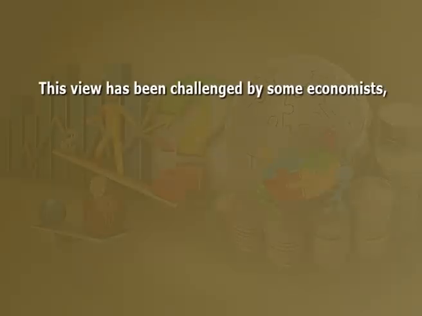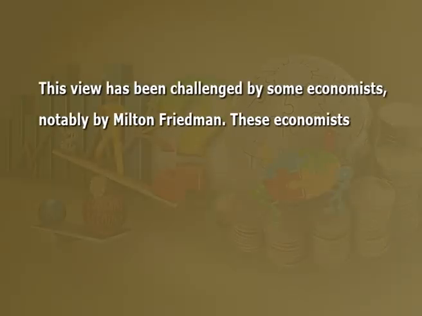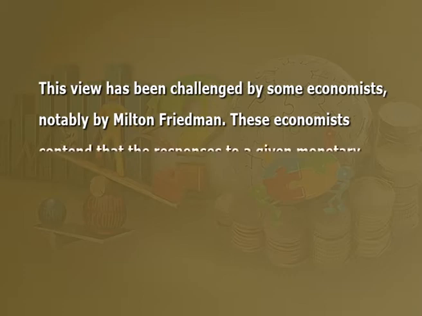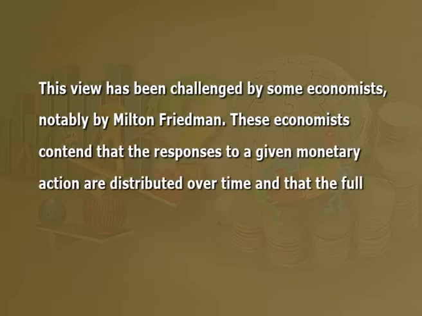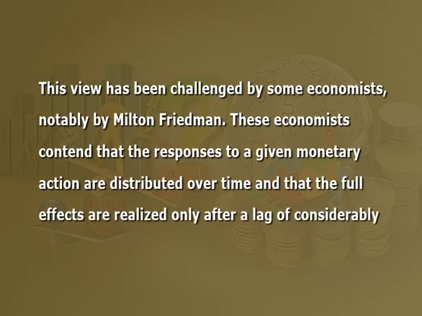This view has been challenged by some economists, notably by Milton Friedman. These economists contend that the responses to a given monetary action are distributed over time and that the full effects are realized only after a lag of considerably more than a year. Because of this, monetary actions taken to counter cyclical fluctuations may actually produce or at least accentuate these fluctuations.